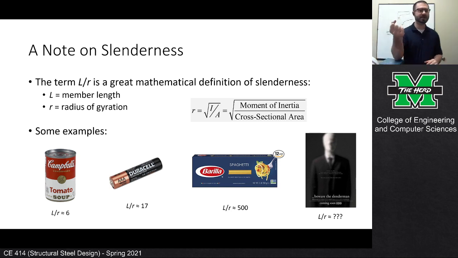If I had a piece of spaghetti in my hand and then Ant-Man decided to shrink me, and I computed the L over r of the spaghetti after the Ant-Man transformation, it would still be the same slenderness value. So L over r handles scale quite well. And then Slender Man, who knows what the slenderness value is there. That was just my poor attempt at a joke.